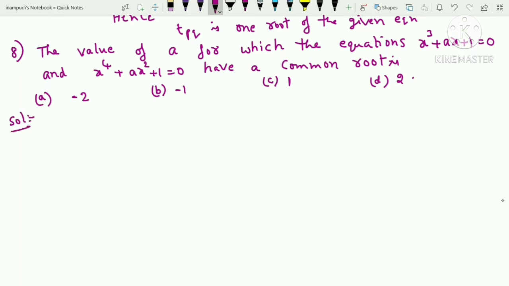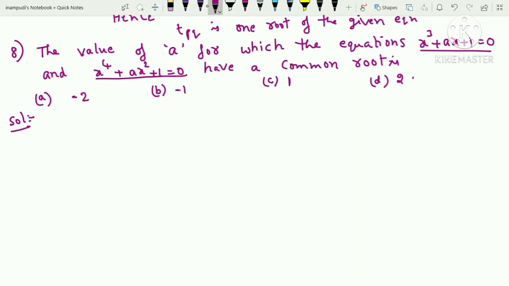Okay, we find the value of A for which the two given equations have a common root, meaning both are satisfied by one value; that is the common root.